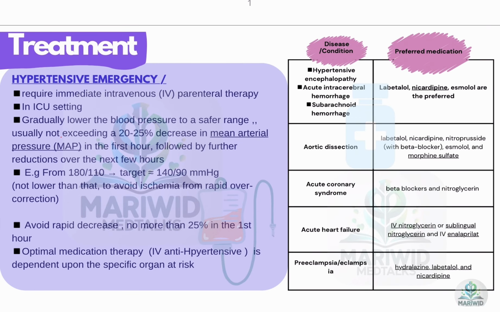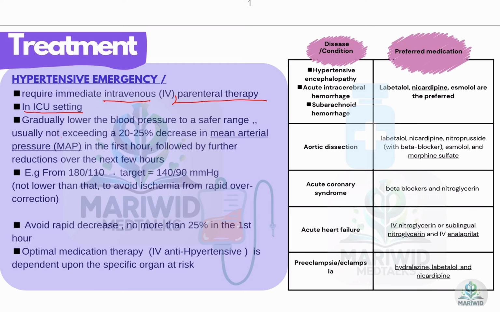Okay, here is the treatment of hypertensive emergency. As we said, in hypertensive emergency there is end organ damage involvement. So in such cases, it requires immediate intravenous or parenteral therapy, usually in the ICU setting.